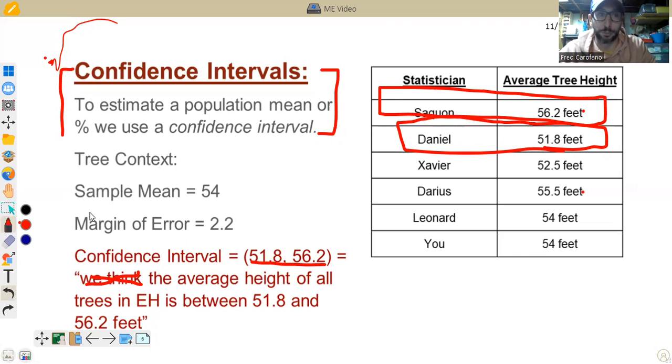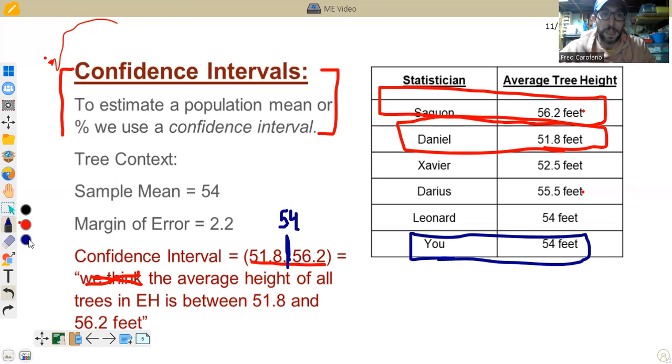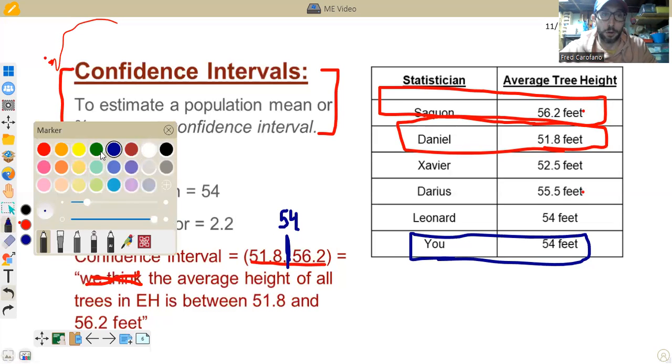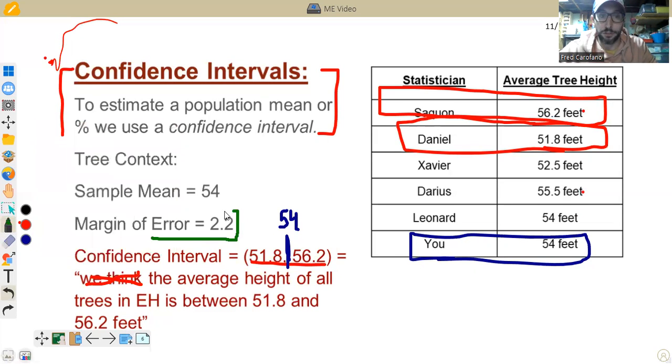So there's some other things to break down here. The middle of this interval, the number right in the middle of this, is going to be 54. And that's not a coincidence. That's the sample mean that we started with. And then we're going to add what we call a margin of error. The margin of error is the amount we're adding and subtracting on either side of our sample mean or percentage to get the interval.